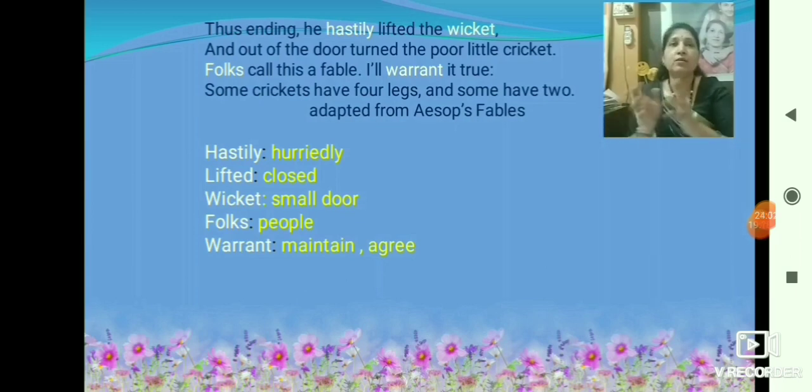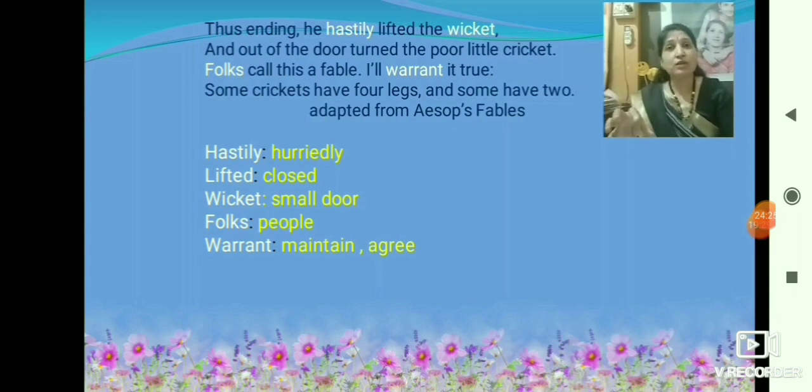Really, this is like a fable, which gives us a lesson, teaches a moral. Some crickets have 4 legs and some have 2. कुछ क्रिकेट को 2 legs होते हैं, कुछ क्रिकेट को 4 legs होते हैं. ऐसे कुछ है क्या? नहीं. Some crickets have 4 legs means some crickets have 4 legs.